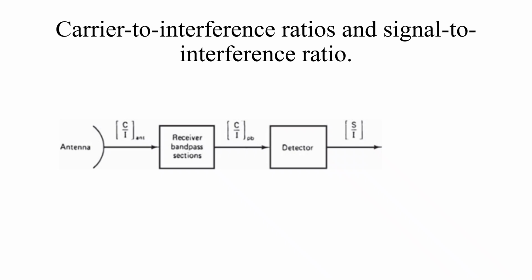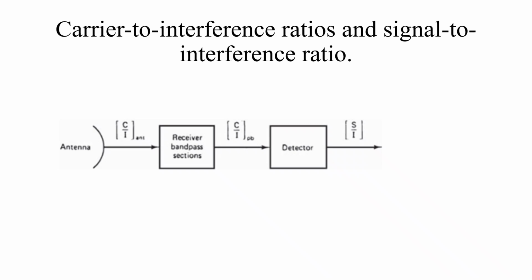Next is the carrier to interference ratio and signal to interference ratio. Consider a satellite system at the receiving end. There is an antenna which will receive the signal, and it is given through the receiver bandpass section.